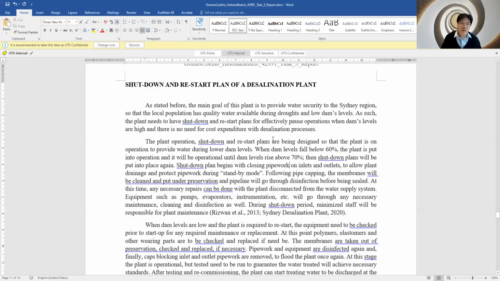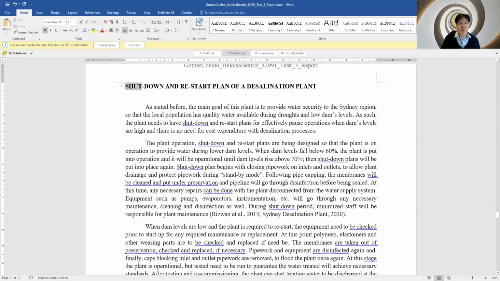Yeah, just let me share one of the examples. So this is the shutdown and the restart plan.